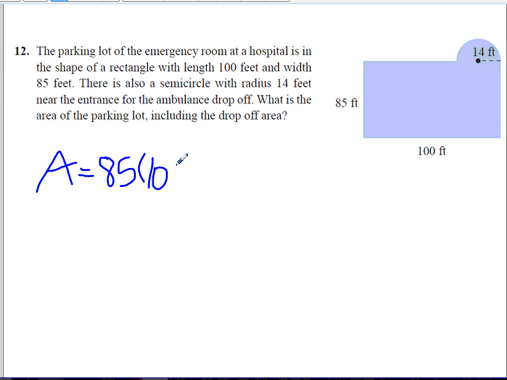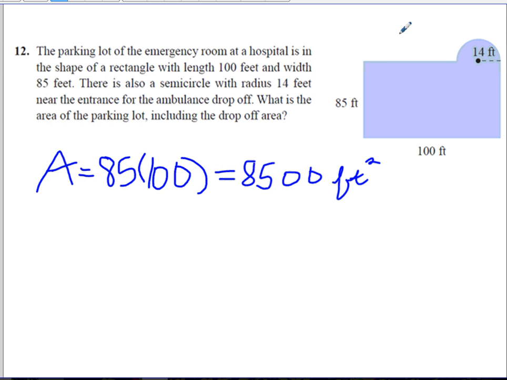Order does not matter in multiplication, and that's the commutative property that allows that. So we get 8,500. And we again get square feet.